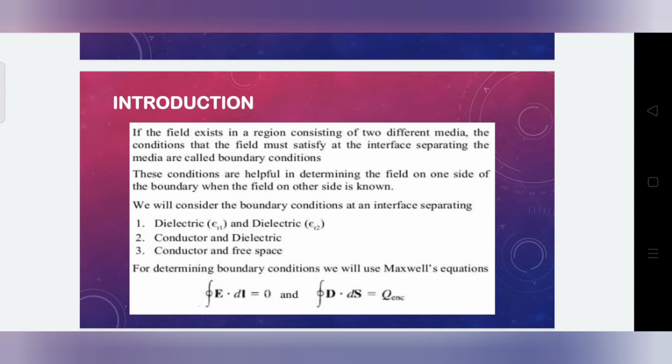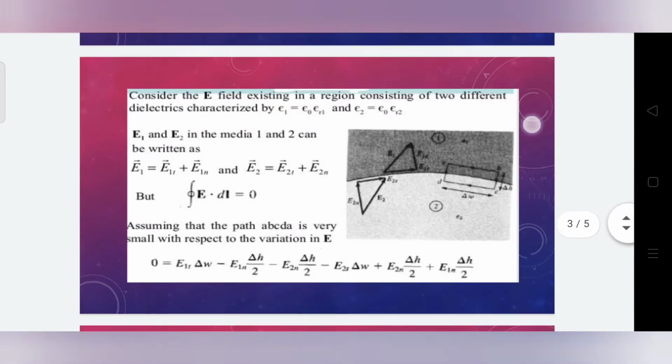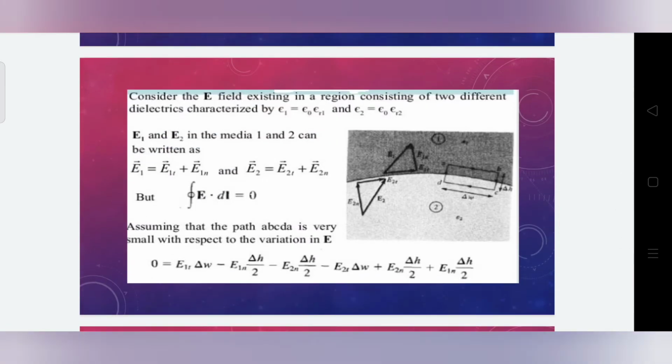Here ds means surface integral. First, consider the E field existing in a region consisting of two different dielectrics characterized by epsilon 1, which is equal to epsilon naught into epsilon r1, which is above the field. The above field, number 1, is darkly shaded, and the below field, number 2, is lightly shaded.